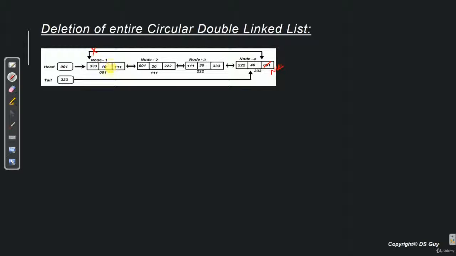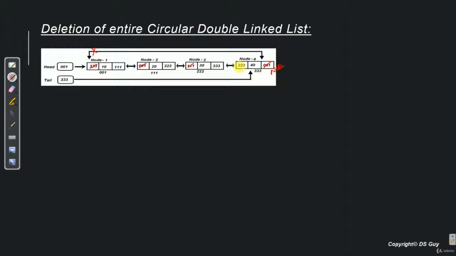Now the second step is we have to make sure that each node's previous reference is also made as null. So in node 1 the previous reference is 333. In node 2 the previous reference is 001. In node 3 previous reference is 111.